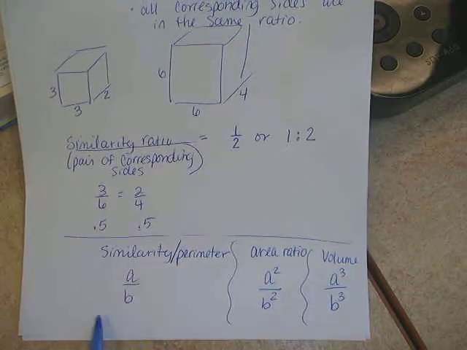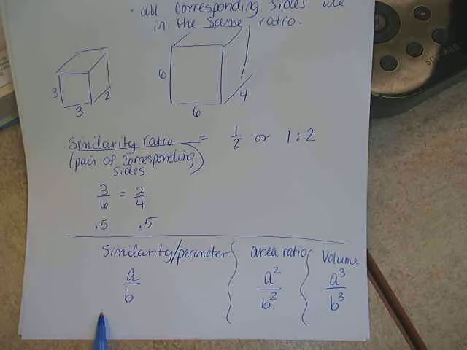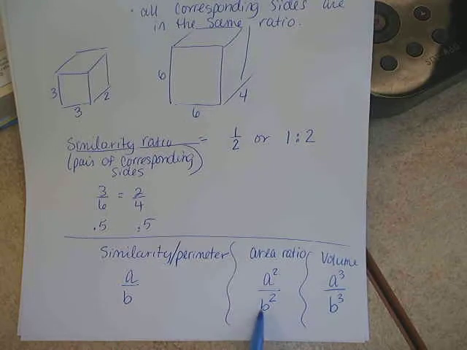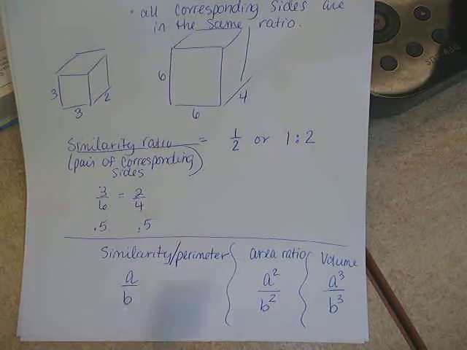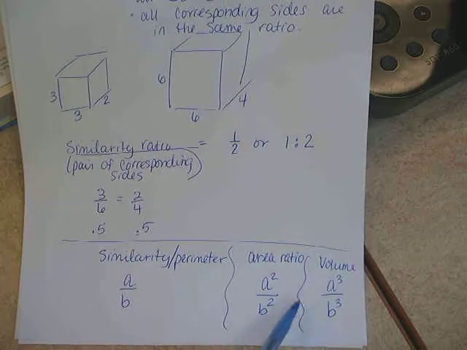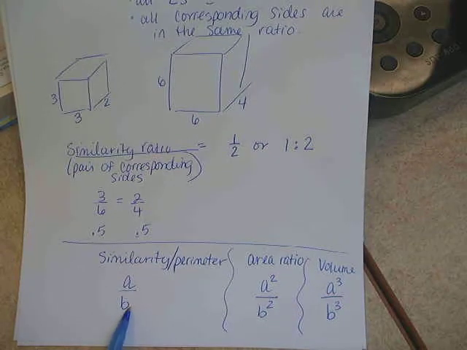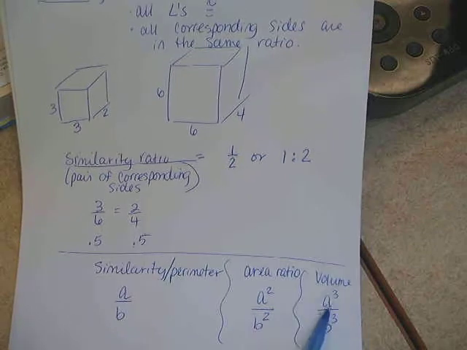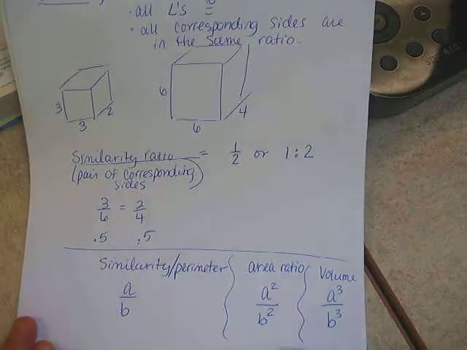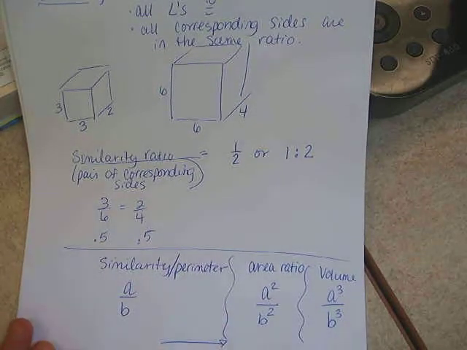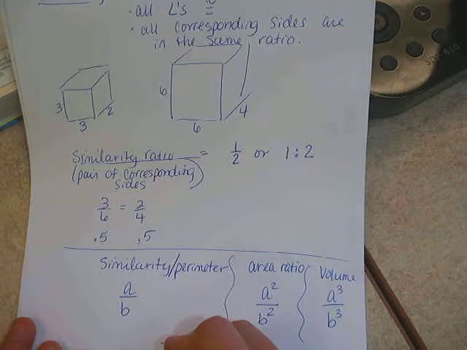And if you remember from that previous unit, if we had the similarity ratio and we wanted the area ratio, we simply squared the A over B. If we wanted area and to go back to similarity and or perimeter, we took the square roots, right? So you're going to do something similar with volume. If you have the similarity or perimeter ratio and you want the volume, you can cube those, or going back to similarity, you can cube root.